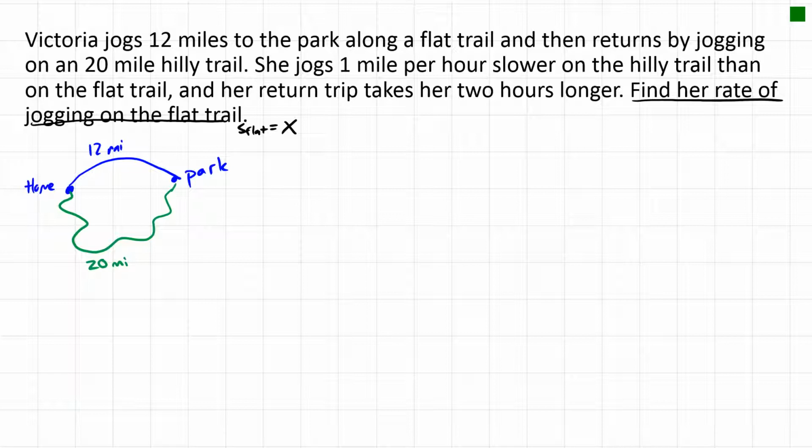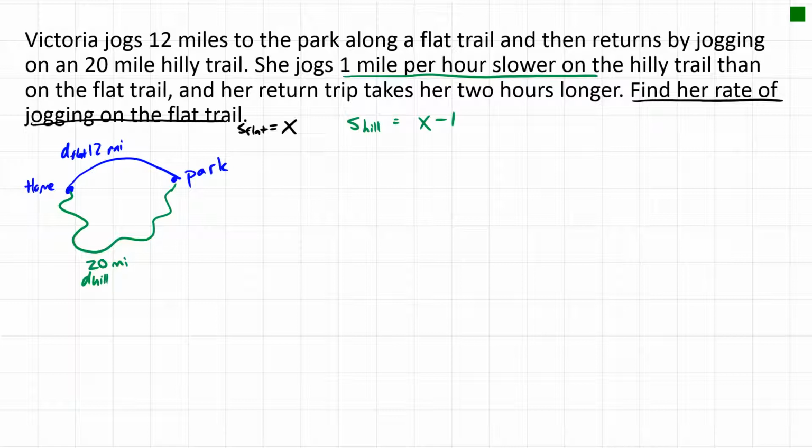And then we're told that she jogs 1 mile per hour slower, so we can say that her speed through the hilly section is equal to x minus 1, because it's a little bit slower. And then we have these other distances. So 12 miles is the distance along the flat path, and 20 miles is the distance along the hilly path.